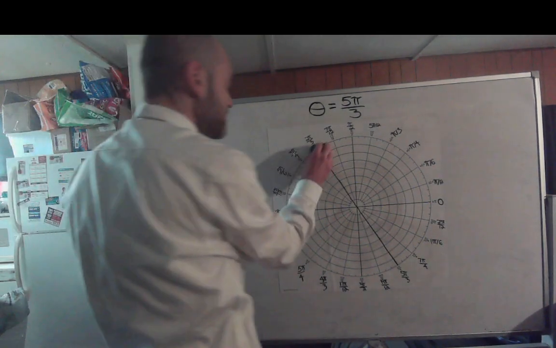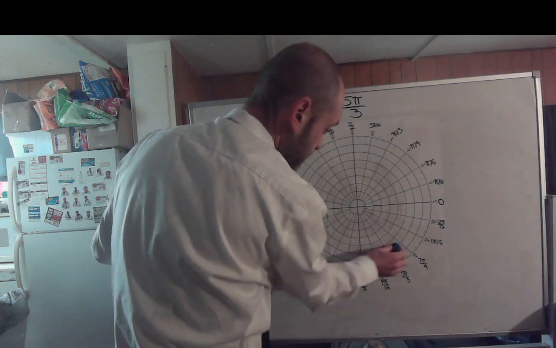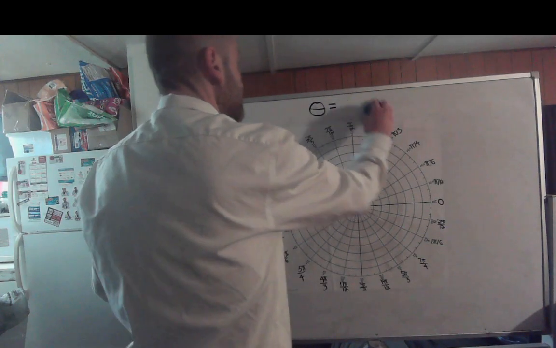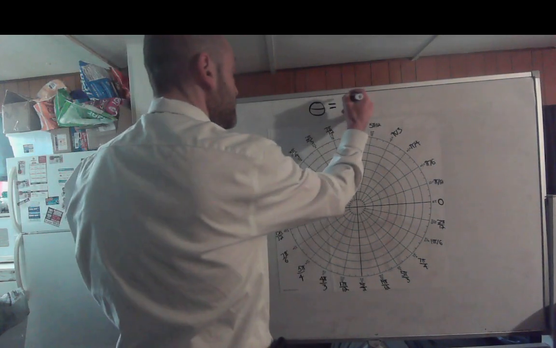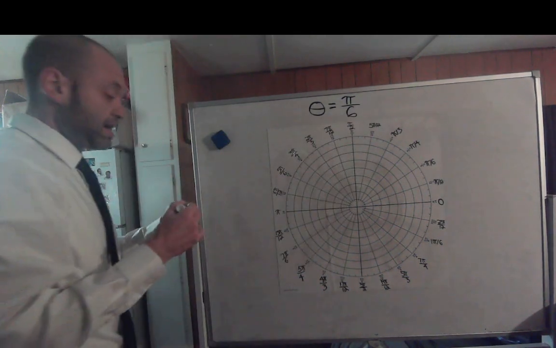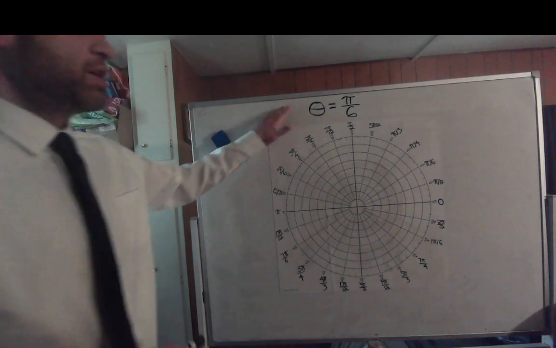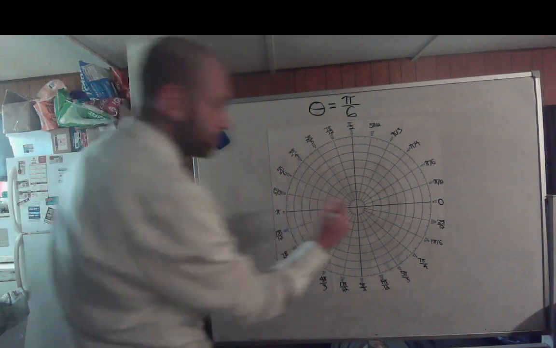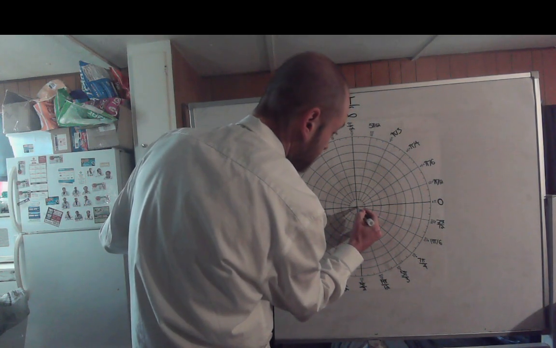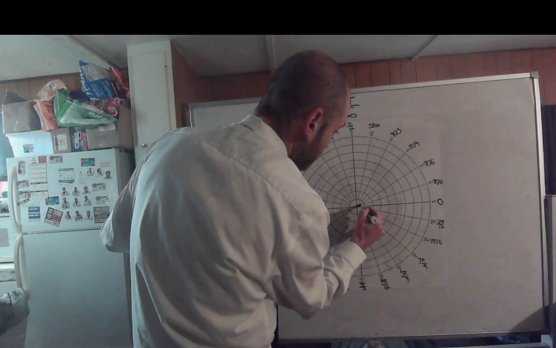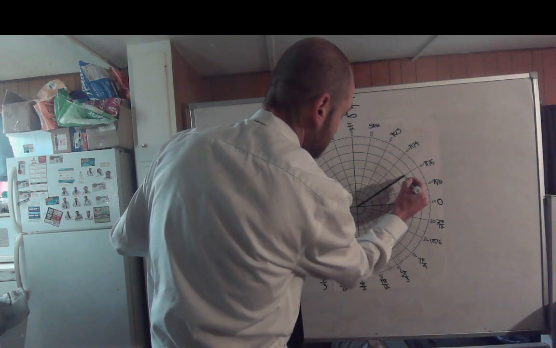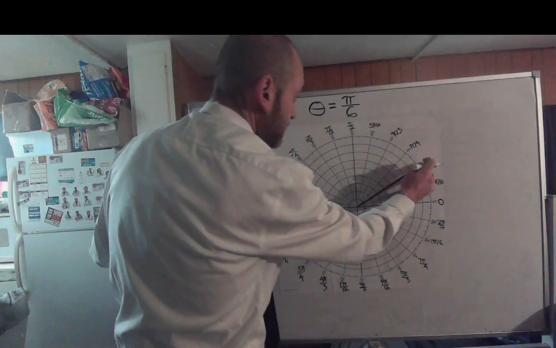Let's do one more with an angle, and then we'll start getting into the good stuff. Let's say I pick theta equals pi over 6. So of course I'm going to start at the origin, or at the pole I should say, and then draw through every radius of pi over 6. Because the radius isn't specified, this just turns out to be a line.